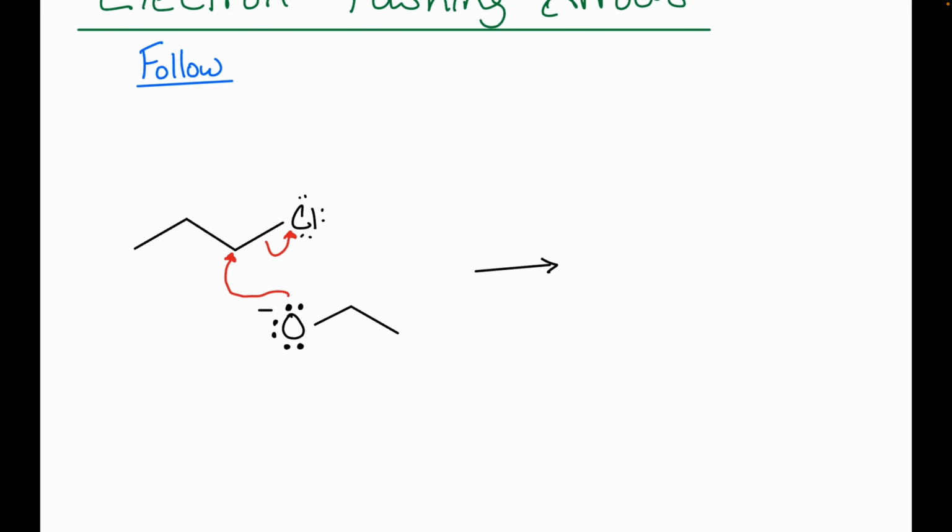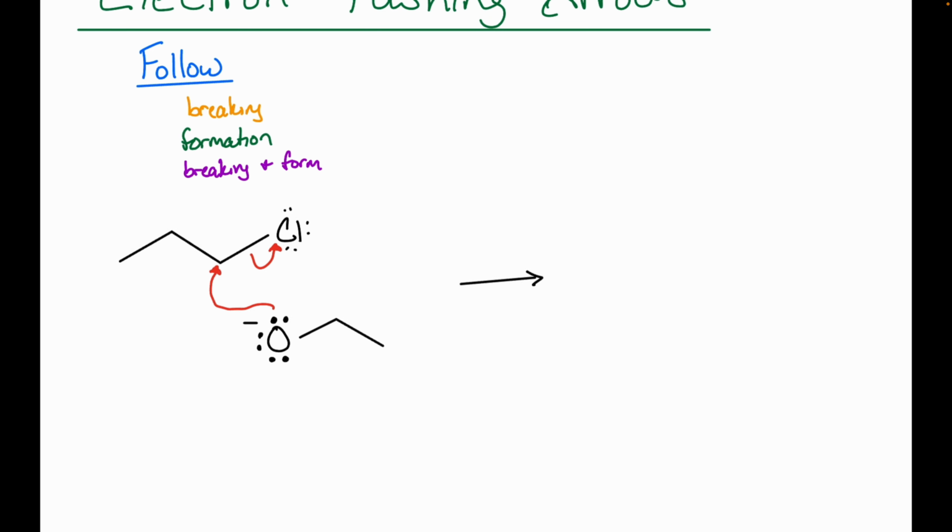But I first want you to identify whether these are bond breaking, bond formation, or both breaking and formation arrows. All right, label each one of these electron pushing arrows according to one of those three categories.